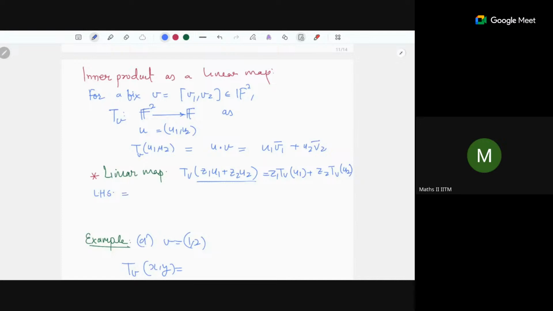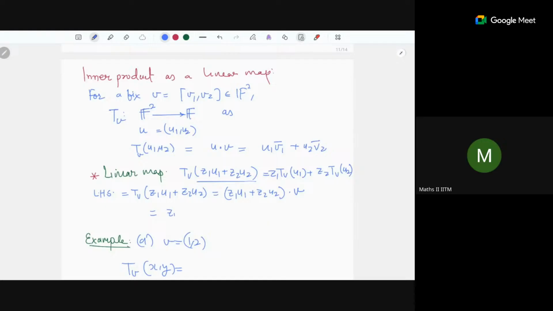The left hand side is TV of Z1 U1 plus Z2 U2, which is equal to Z1 U1 plus Z2 U2 dot product with V. Now use the linearity of the inner product.